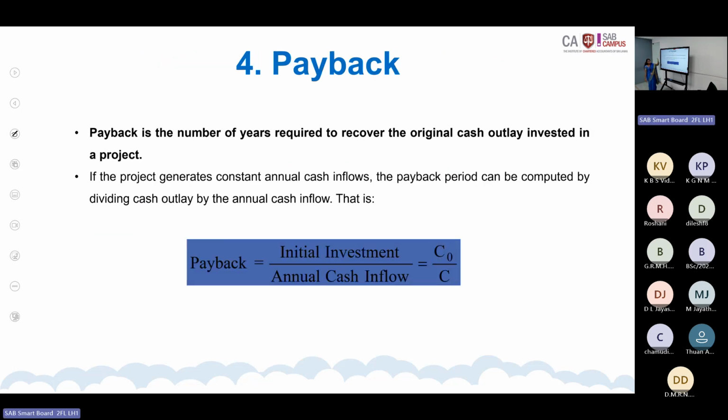Okay. Now the payback period. This is very simple, and you can calculate the profitability with it. What do you mean by payback period? How many years are you going to take to recover the initial investment that you made? How can you calculate the payback period?